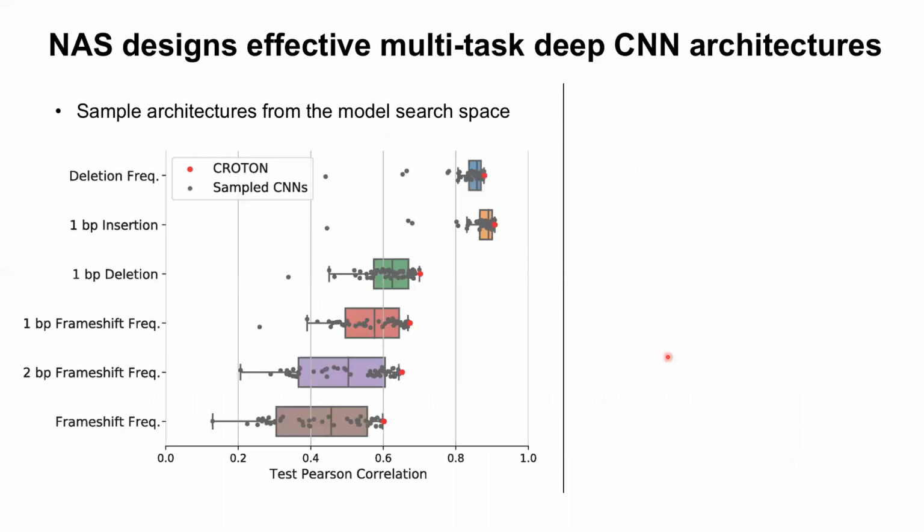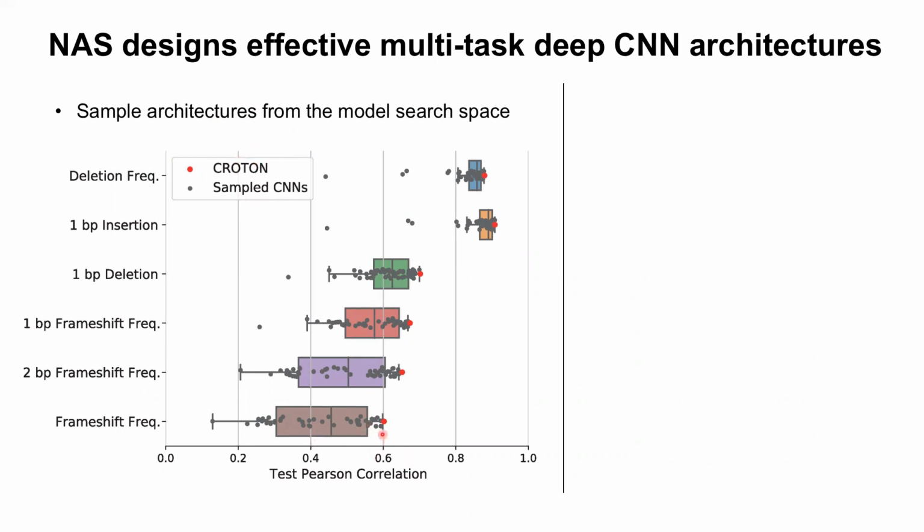So the first thing that we did is we analyzed whether NAS could design deep CNN architectures effectively. We compared NAS engineered CROTON, which is shown in red in this figure, to 50 other randomly selected architectures from the model search space, which is shown in gray in this figure. Here you can see NAS generated CROTON achieved higher Pearson's correlations.